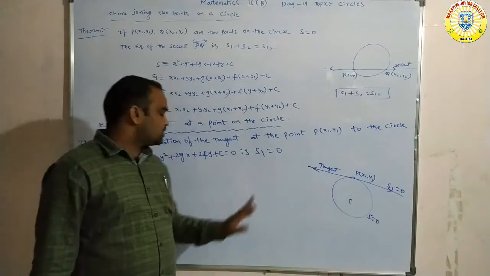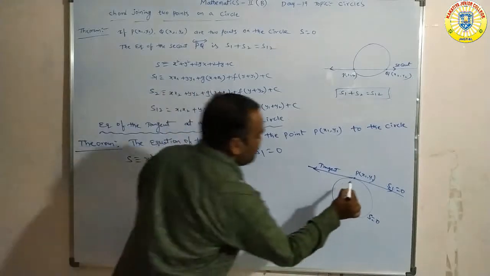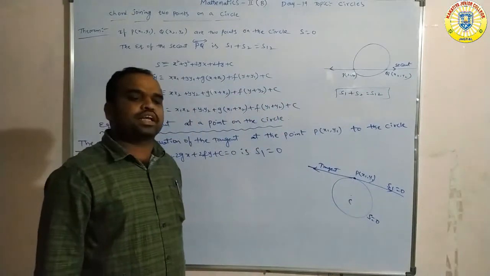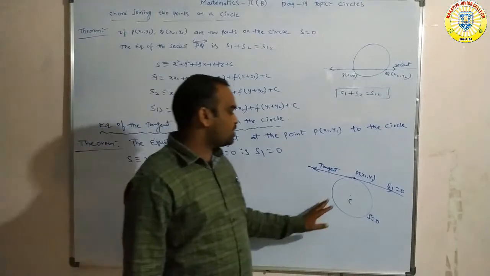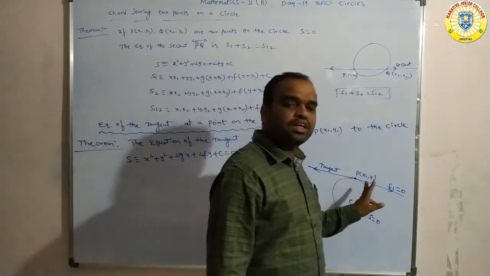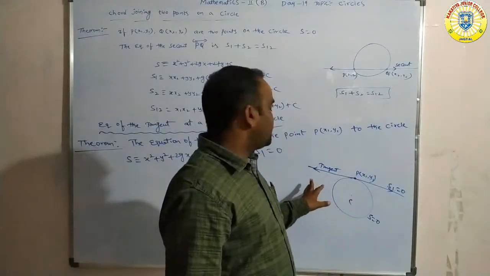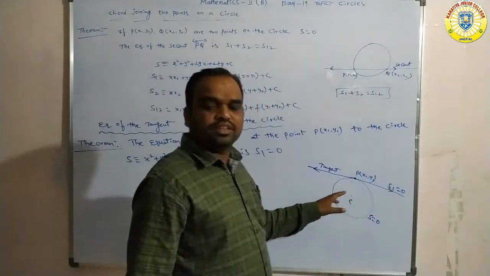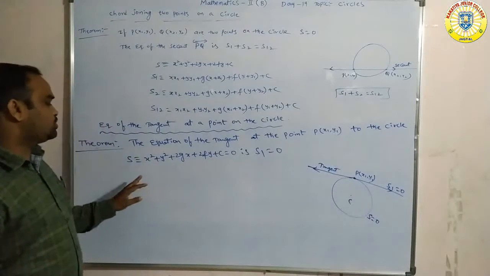So P of x1 comma y1 is the point on the circle. Now we are finding the equation of the tangent at the point P, that is nothing but S1 is equal to 0.